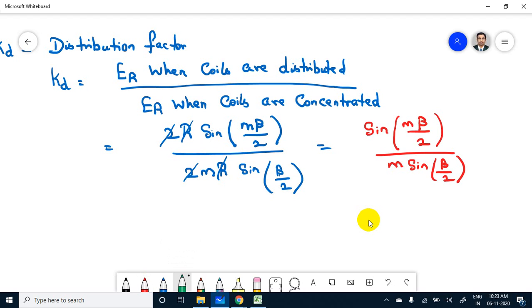M means slots per pole per phase. M is the slots per pole per phase. So here in the alternator, how many phases are there? The phase value will be 3, RYB.